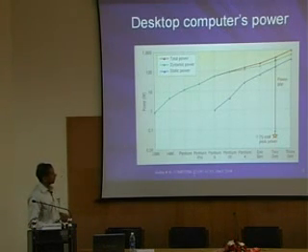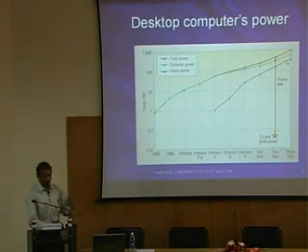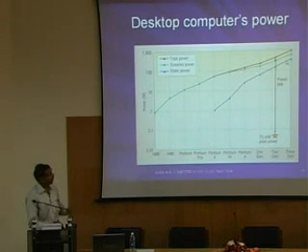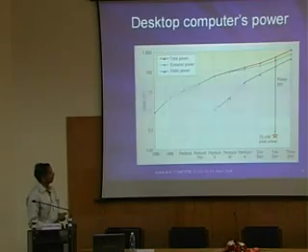And you see that as the technology is improving, unfortunately the power dissipation also is going up. Soon a laptop may consume of the order of about 1000 watts. That's a huge power requirement. Therefore, reducing the power consumption in computers has become a major problem.